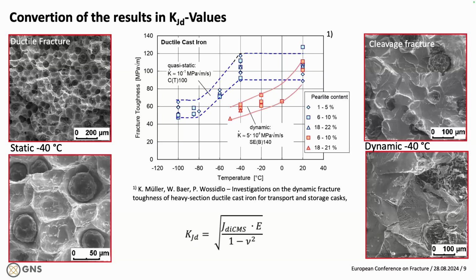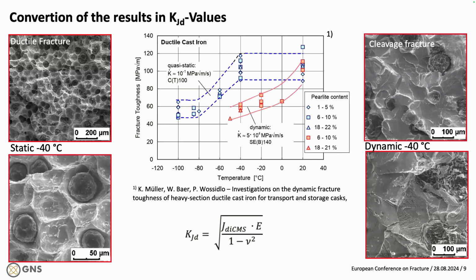At static loading, we have different material behavior of ductile cast iron, and at dynamic loading at low temperatures, we have a cleavage fracture, and that is, in our case, not so bad, because due to this behavior, we can use this method.